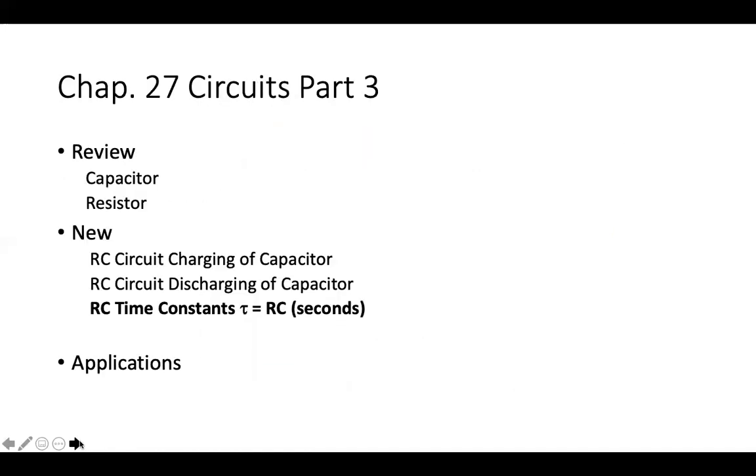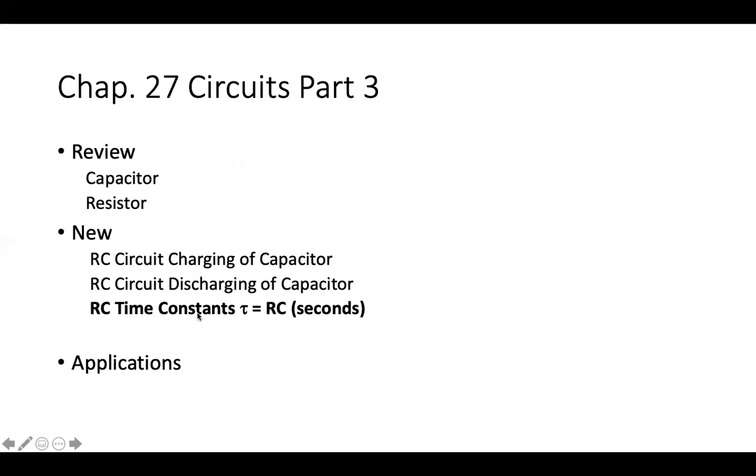So we talked about RC circuit part 3. We reviewed how resistors combine and how capacitors combine. And here we combined, mixing resistor and capacitor. That's what we call an RC circuit. We talked about charging, that's adding charge to the capacitor. Discharging, that's removing charge from the capacitor.